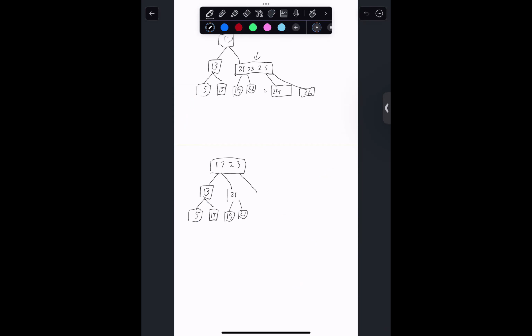And then we will split the remaining ones.